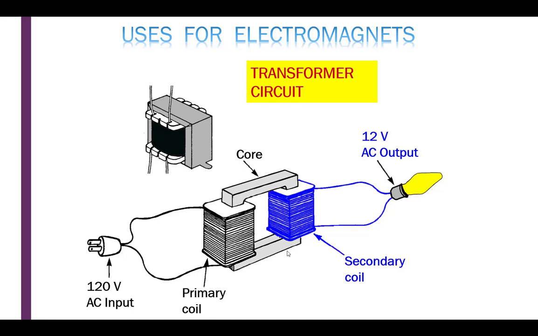I'm running current into this coil. That causes magnetic lines of flux to develop, and those lines of flux are going to travel around in this magnetic circuit. Now, as it's traveling around this coil, I've got cutting action, relative motion between a coil and lines of flux.